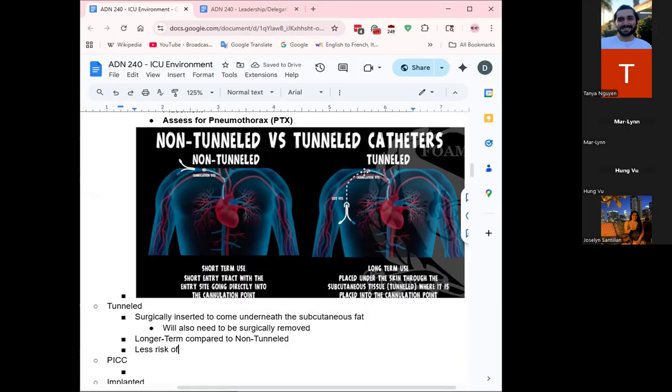The idea behind the tunneling is that you have a longer line. As opposed to here with the non-tunneled, any bacteria or pathogens that make it through the line or through the site have a shorter travel distance to make it to the heart. While here, there's a considerably longer distance that it would need to travel. I would think of it kind of like the idea behind how females have a higher risk for UTI than males.